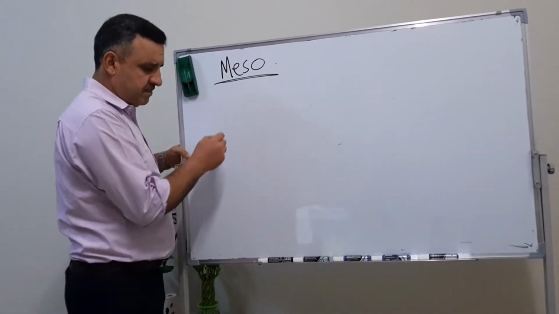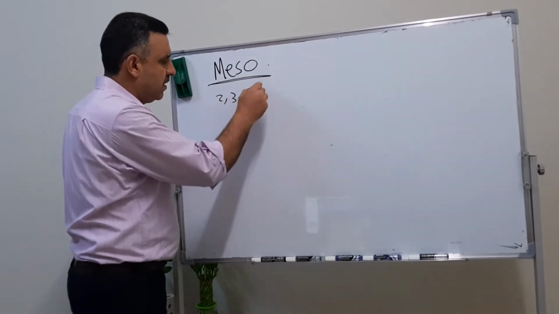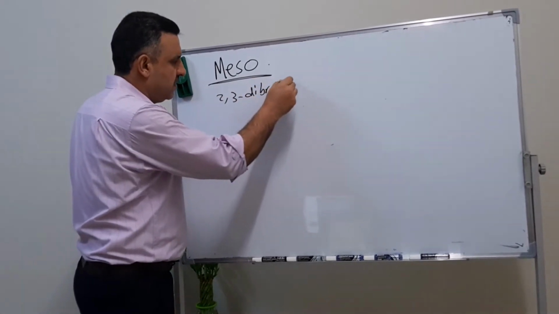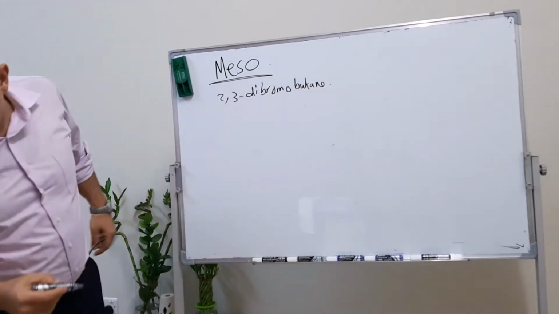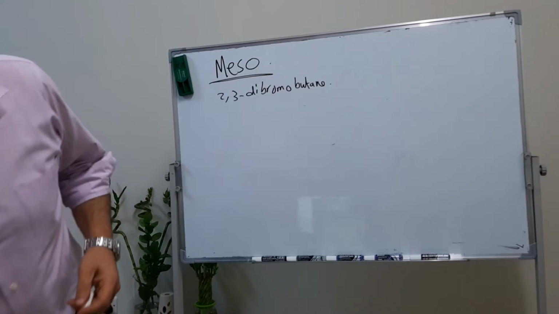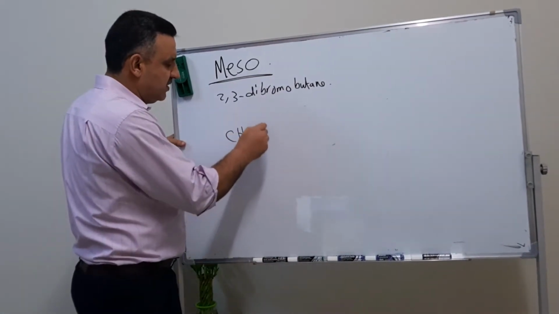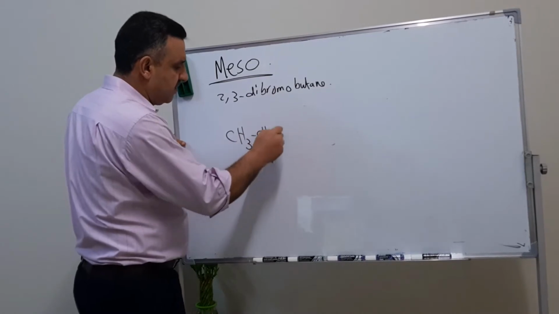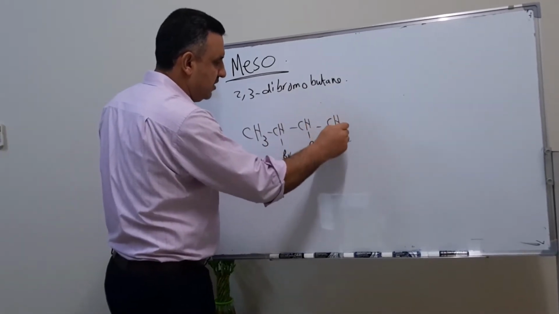Let's take 2,3-dibromobutane. When you draw the 2,3-dibromobutane, what you can see is like this: CH3, CH, Br, then CH, Br, then CH3.